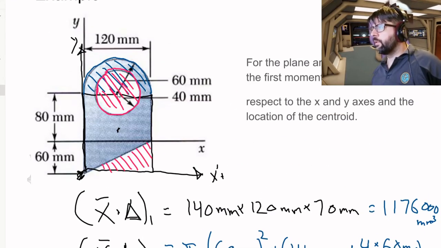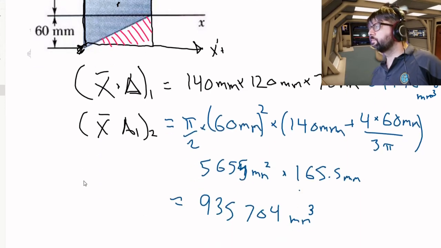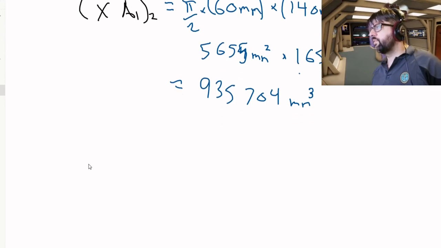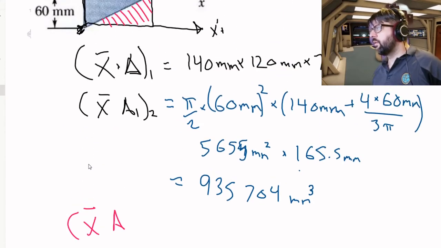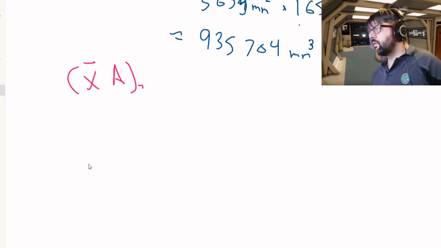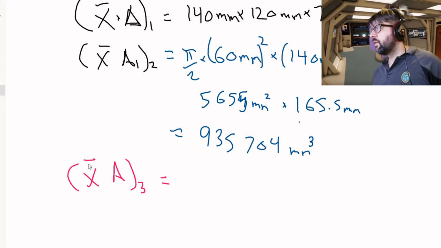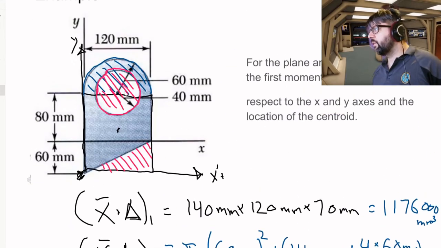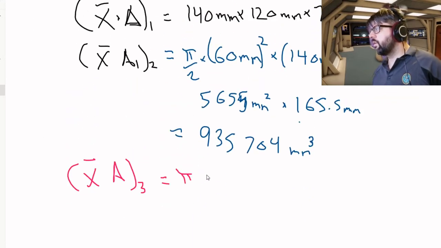The next one to take care of is the circle itself, so X bar A for 3. That one is the area of the circle, pi times r squared. Our radius there is 40 millimeters.